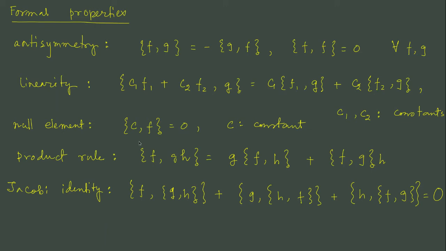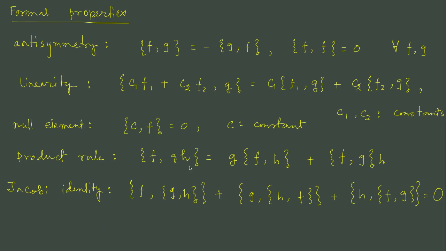Now, there exists a null element also, in the sense that the Poisson bracket with any constant is 0. If it is a constant, then its partial derivative with respect to any coordinate will vanish, and as such the Poisson bracket vanishes.